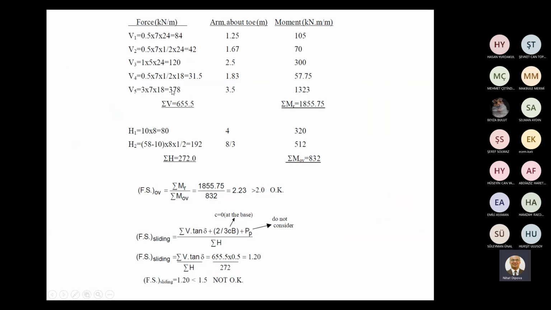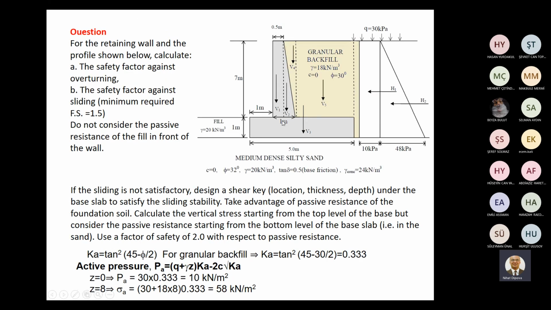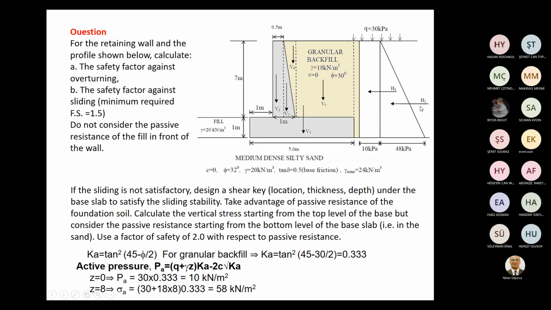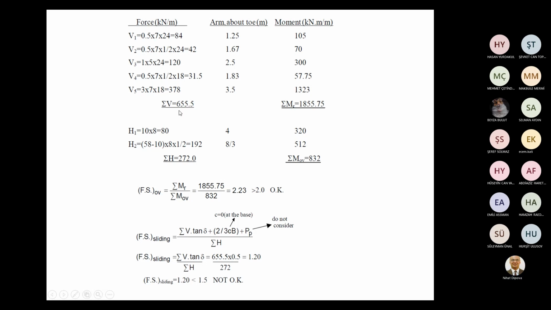The best way is to prepare a table like this and divide into areas for area calculations. 1, 2, 3, 4, 5 for 5 regions, and also for horizontal forces, earth forces, total vertical force, total horizontal force, moments, resisting moment and overturning moments.